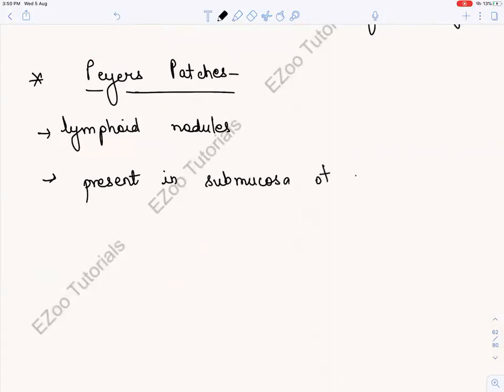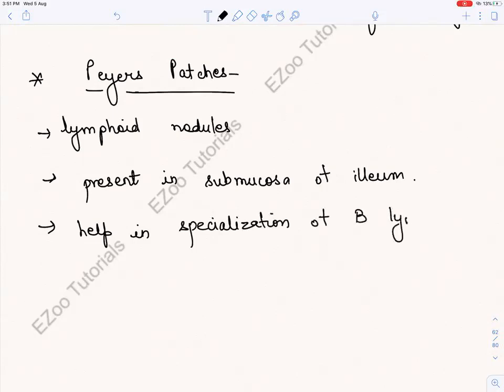Of the ileum. Okay, and they help in the specialization of B lymphocytes.